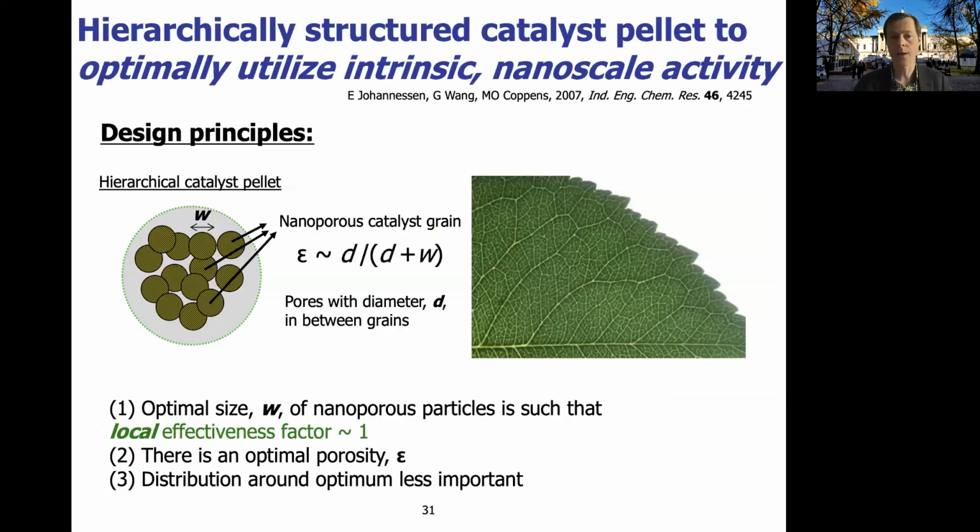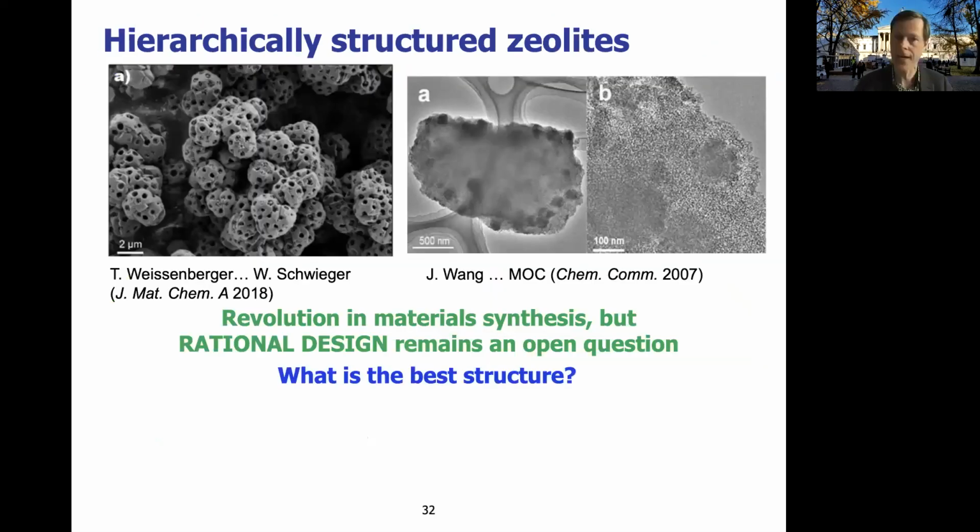So we did an overall computational optimization of these catalyst particles, optimizing porosity and large pore sizes. And what we find is indeed, like in nature, that the optimum is not fractal at this level, but uniform large channels with cells, or crystals, of an optimal size, so that at that level you don't have transport limitations.